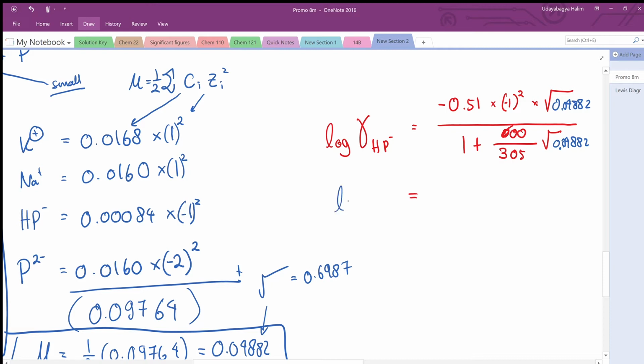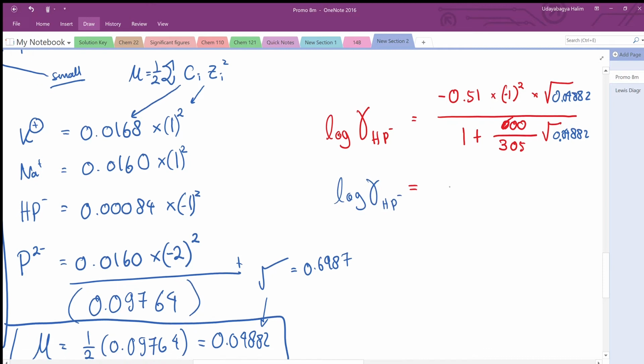So log of gamma, the activity coefficient of HP minus, is going to give us negative 0.1501, essentially. Can you guys double check my number, please?